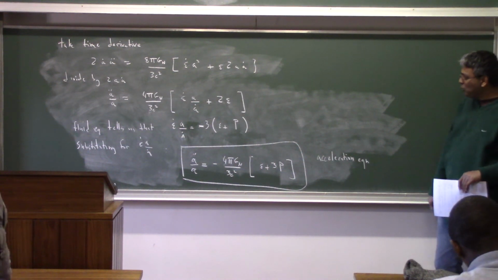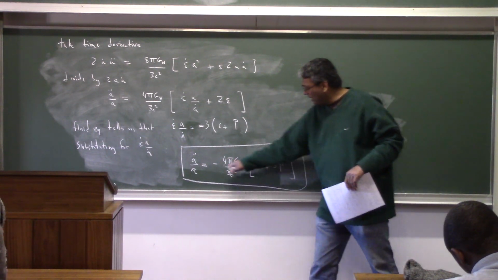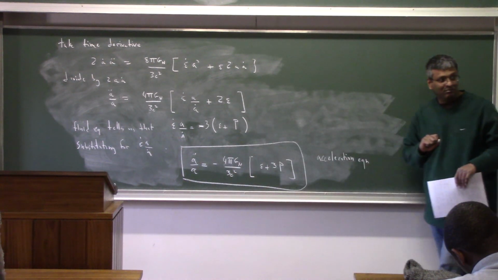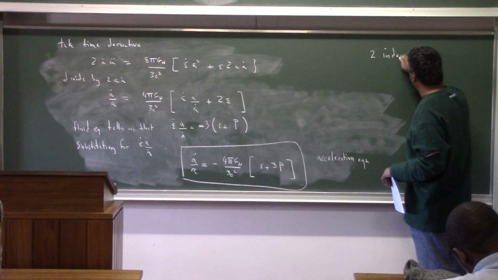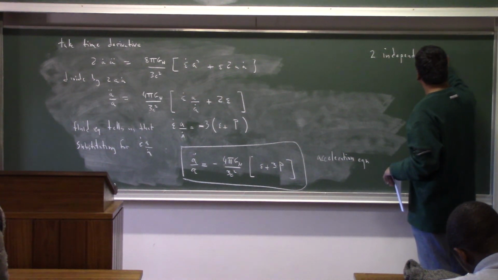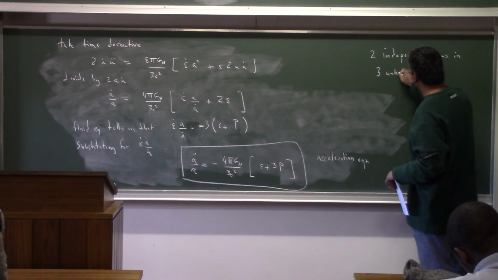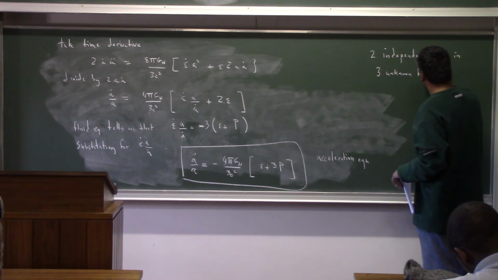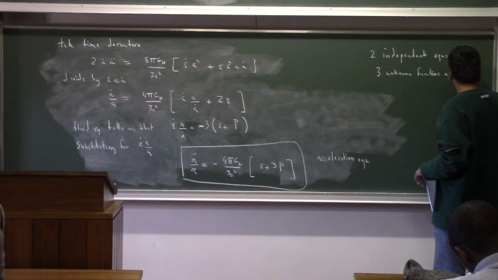But there are 2 independent equations in 3 unknown functions still: epsilon, p, and a.